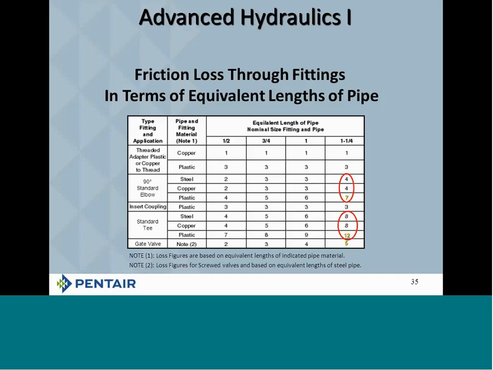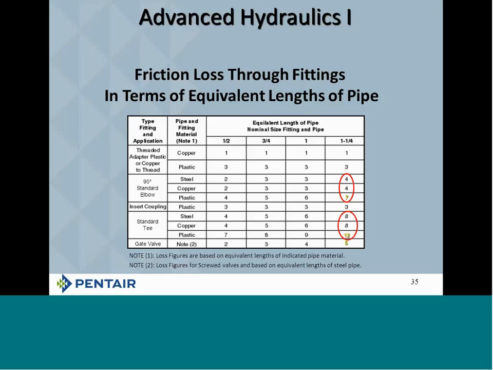The reason for that is because when you look at an elbow that's plastic, you'll see it's a true 90. When you look at an elbow on a steel pipe, you'll see it makes a nice sweeping curve. And so therefore, it's not quite as bad. All right? Very important that you note that.